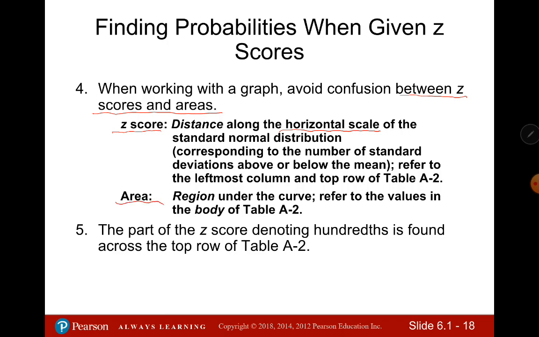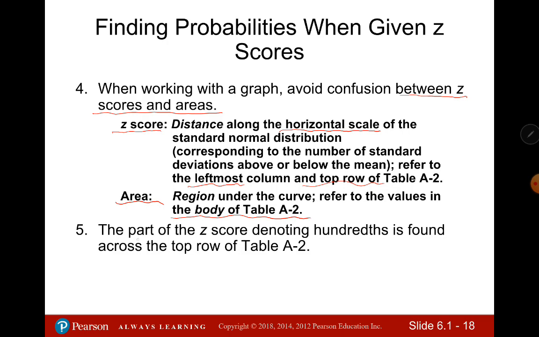And the area is the whole region under the curve, so it's the body of your table. I would say the Z-score is just the margin of your table, the leftmost column and the top row. And the area is the body of your Z table.